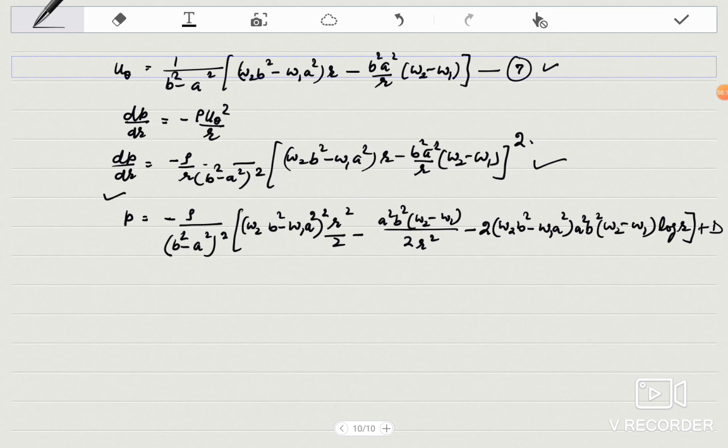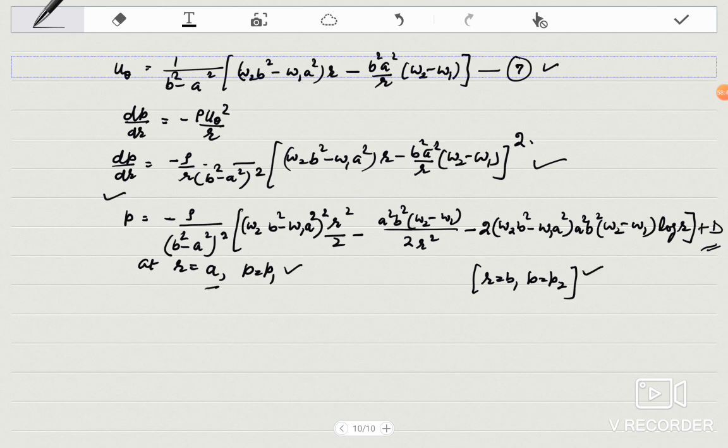Now in order to find this constant of integration, you may assume that at r is equal to a, p is equal to p1. That means at the wall of the cylinder. You may also assume that at r is equal to b, p is equal to p2. So this is for the constant of integration. Either you consider this condition or you consider this condition.